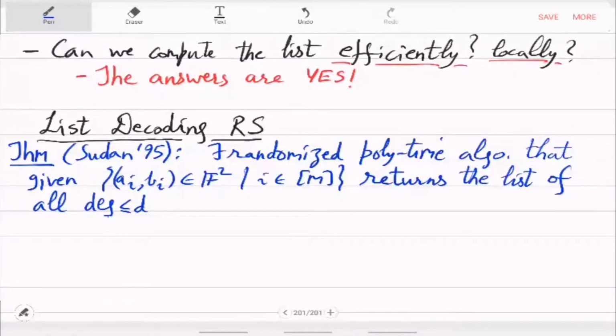Okay, so, there will be many polynomials actually which are consistent with this data.